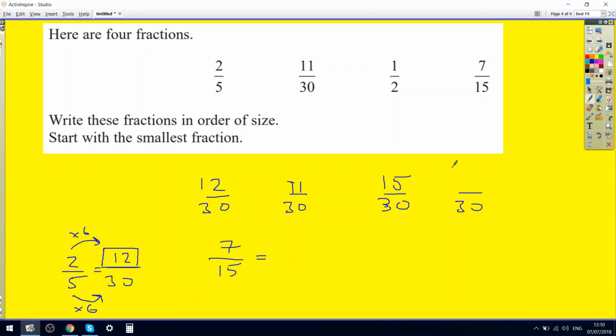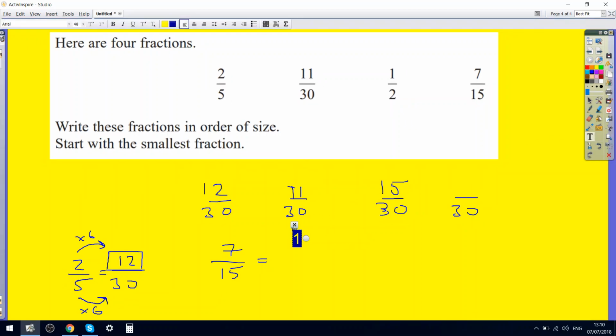And now put them in order from smallest to biggest. 11 over 30. Yeah. 12 over 30. Yeah. 14 over 30 and 15 over 30. And then the last thing you need to do is to write them, because they didn't ask you to put 11, 12, 14 and 15 over 30 in order.